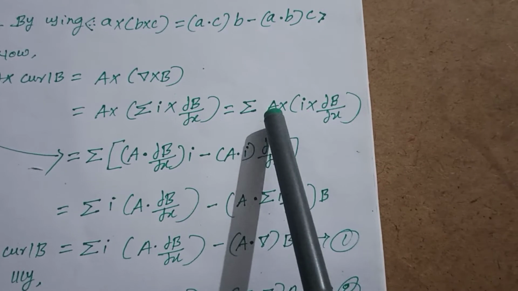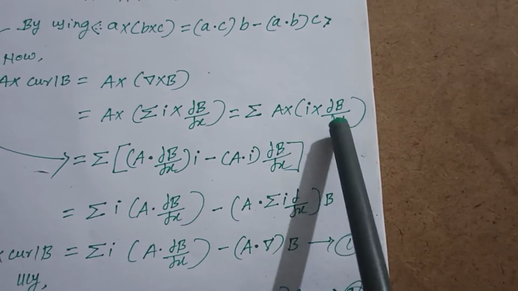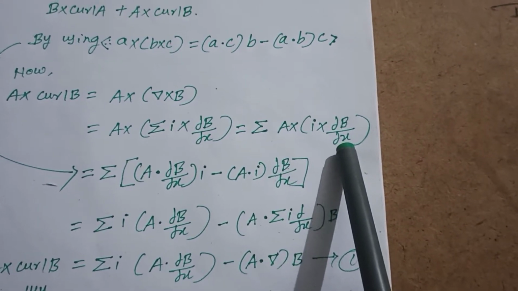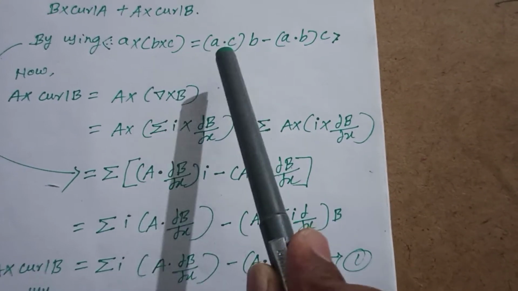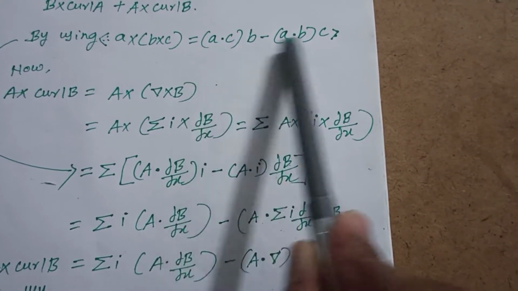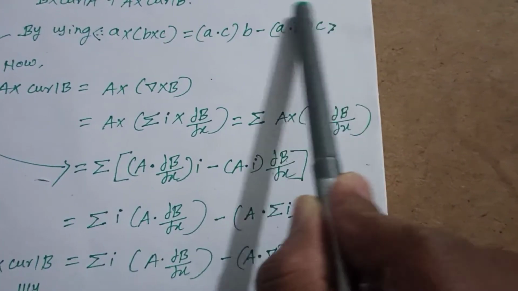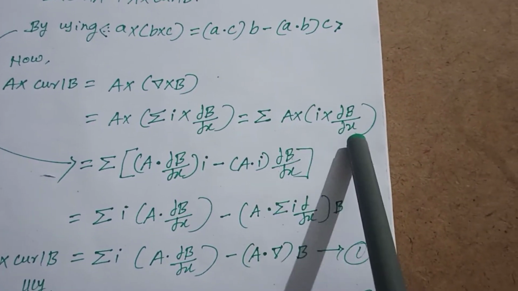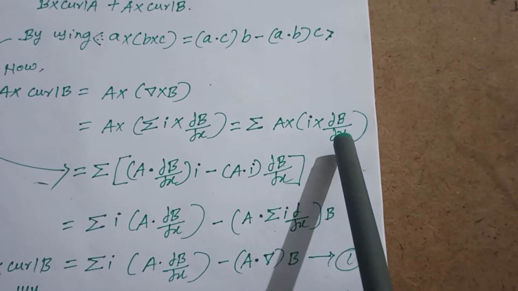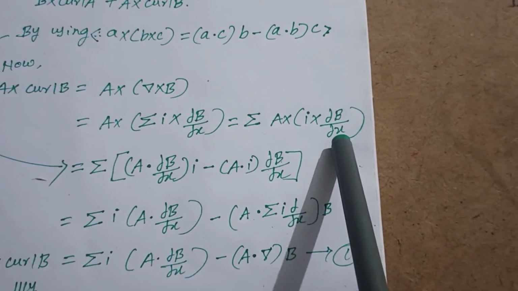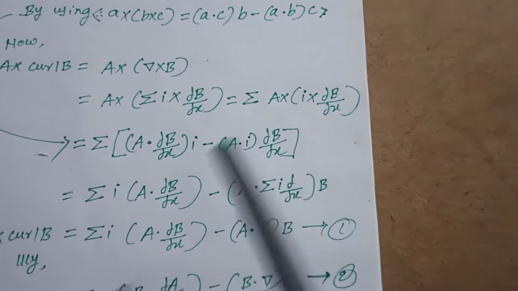Here it is in the form of A cross (B cross C). So we are going to write in this form. It was in this form and we are going to write in this form here. Here A is A only, B is i, C is dou B by dou x.